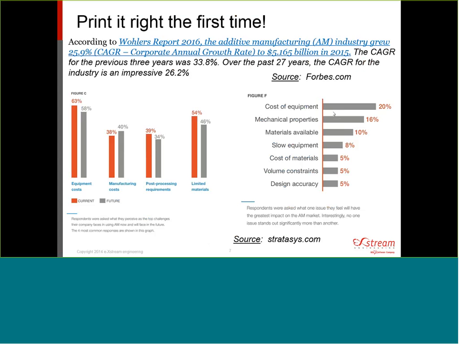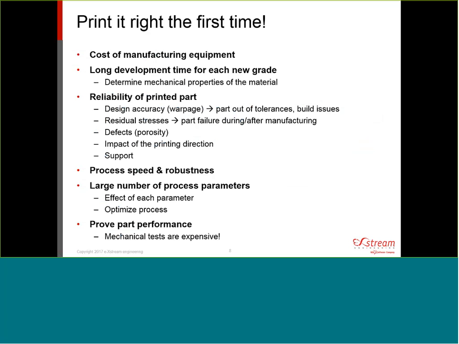Also, the mechanical properties that can be achieved through these techniques, which are either not sufficient or very uncertain. And the third pain being the number of materials available for industrial type of applications. It's still quite low, and there is a need for sure to have an expanded material portfolio on the market.